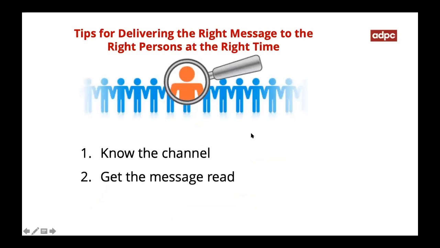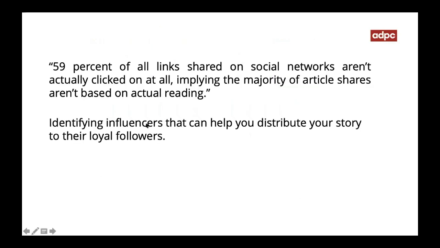Next, get the message read. Make sure that whether it's a poster, it's read. Whether it's an SMS, it's read. If it's an email, it is read. Just interesting information: 59% of all links shared to social networks aren't actually clicked on at all, implying the majority of article shares aren't based on actual reading.